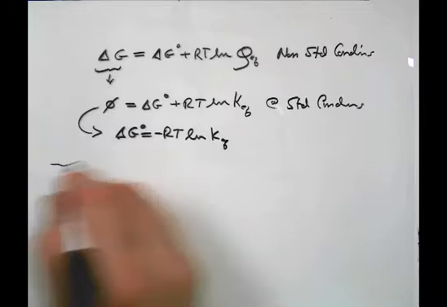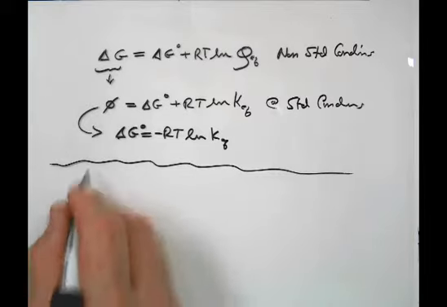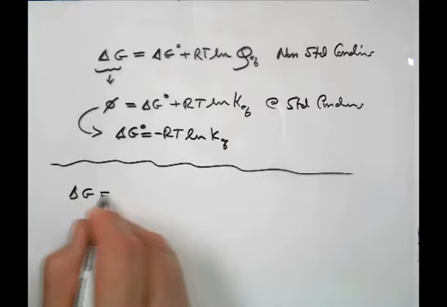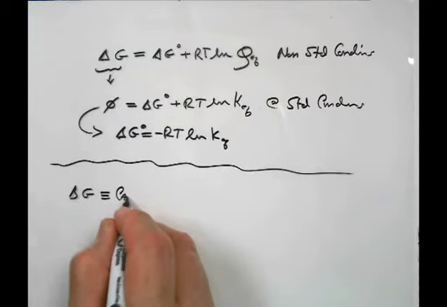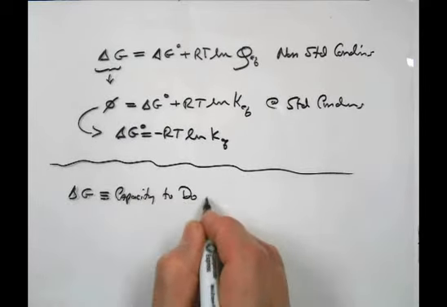In galvanic cells, delta G is the potential for doing work. Big numbers mean it's got a lot of potential for doing work. Little numbers means it does not. But when you talk about delta G, it is essentially the capacity to do work.